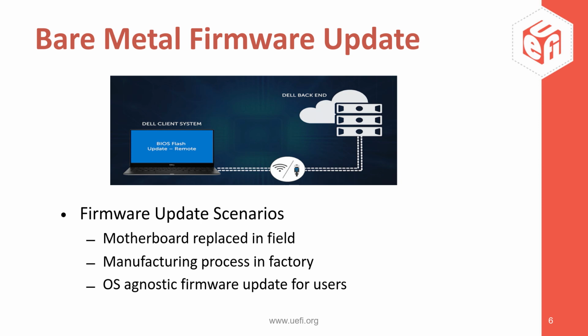These need to be regularly updated to ensure optimal performance and security. Although there are methods to update the firmware from the operating system, there are scenarios which require a bare metal firmware update. It could be a motherboard replaced in the field, and the service motherboard might have an older version of firmware and we need to update to the latest one.